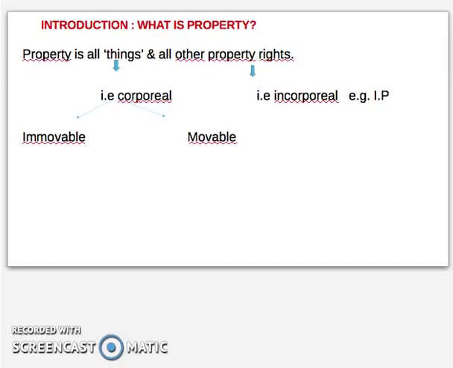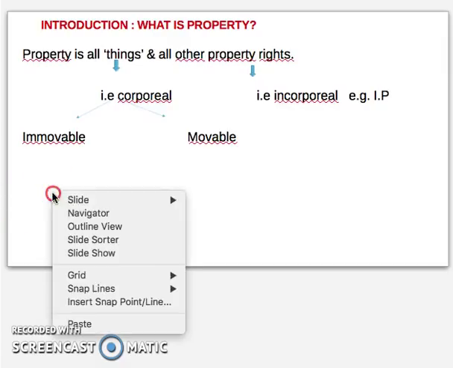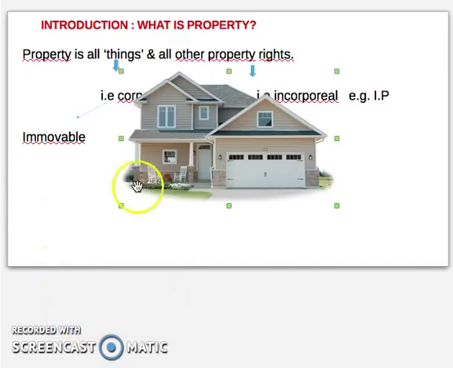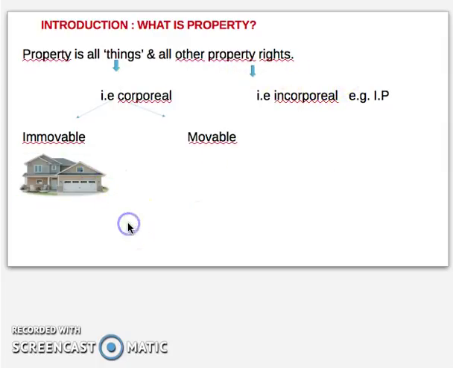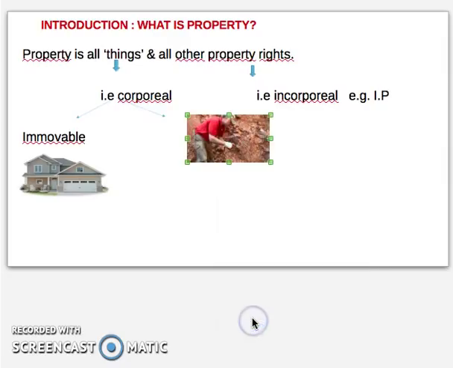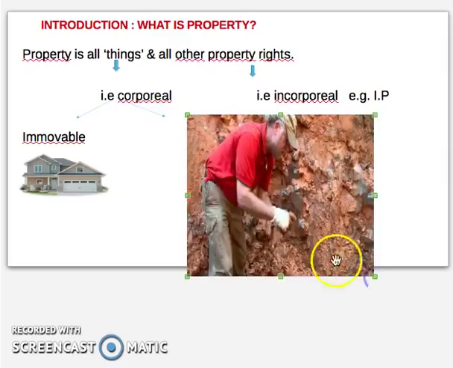So immovable things refers to things that you cannot move. So in other words, things that are tied to the ground. For example, a house. So a house is considered to be an immovable thing, so it's immovable property. Another example is minerals that are still unmined.